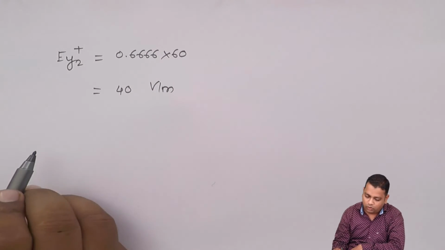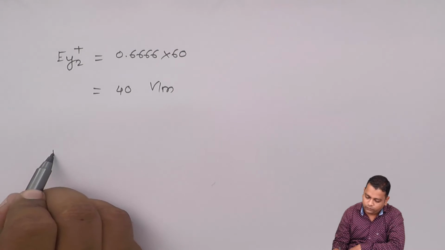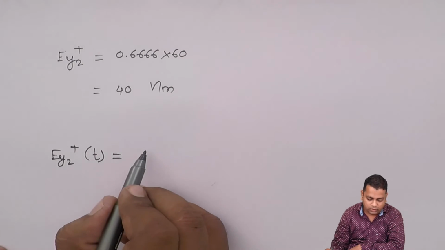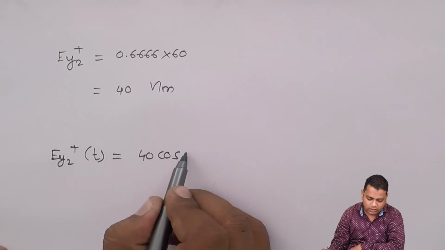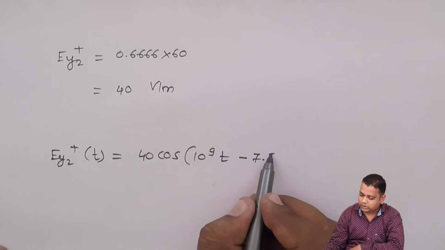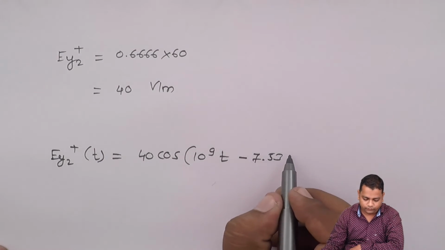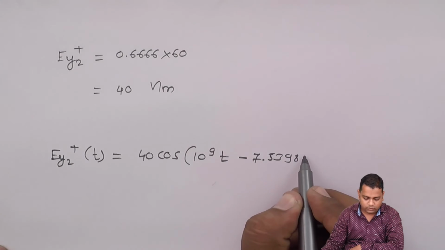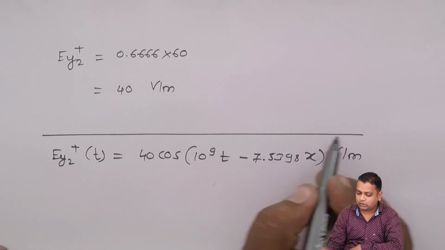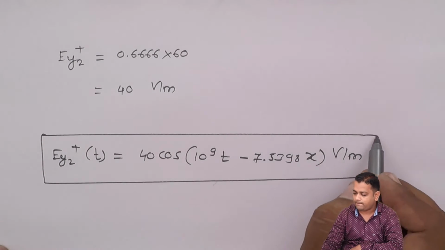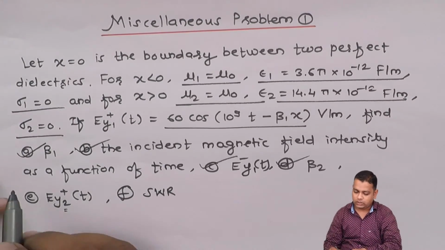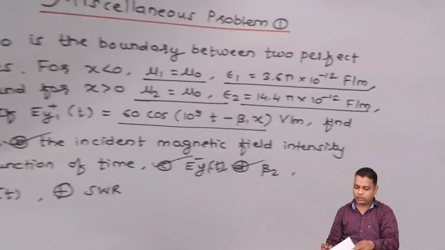As a function of time, EY2 positive as a function of time will be equal to 40 cosine of (10 raised to the power 9 t minus 7.5398 x) in volts per meter. So this is the required answer for part E. Getting back to the problem statement, part E is also solved.